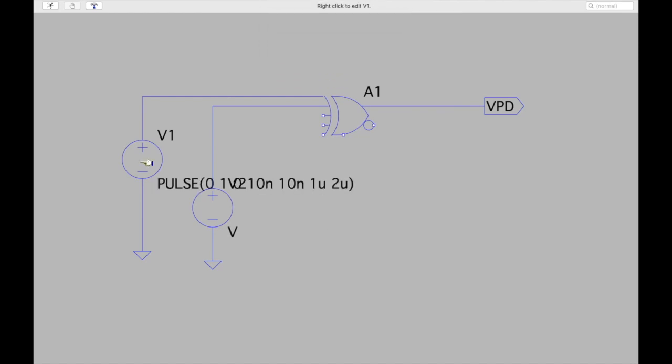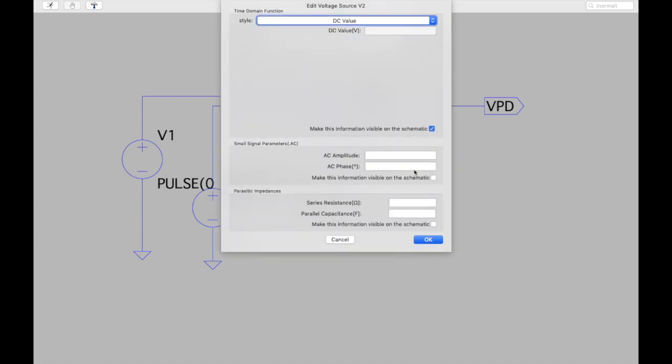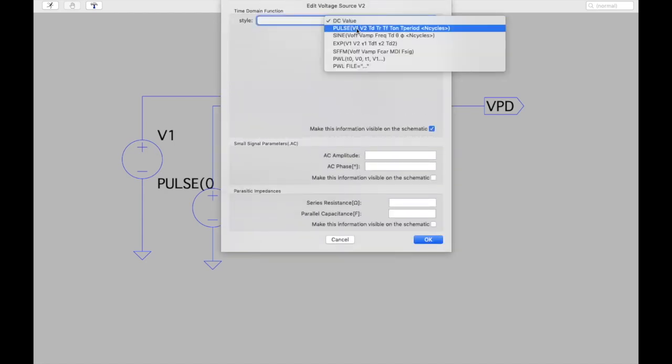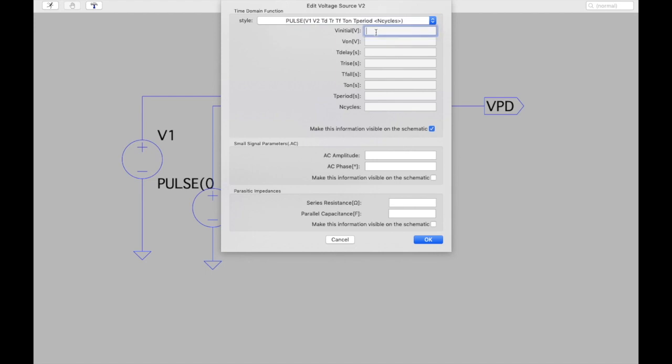Similarly, I'll give a similar input here. Right click, go to Advanced, and click here on pulse sources. Again the initial value is 0, and this is 1, delay. We need to put a delay here so that we can see there is a difference.